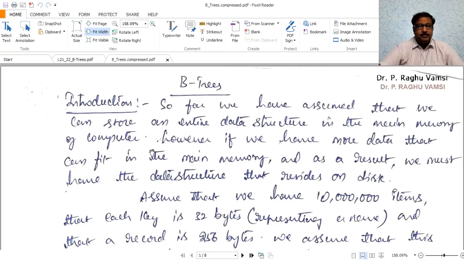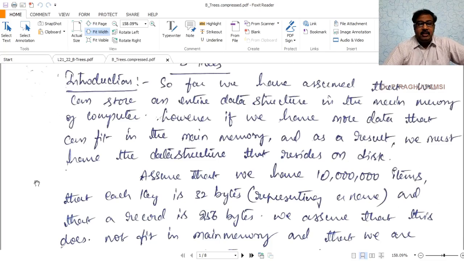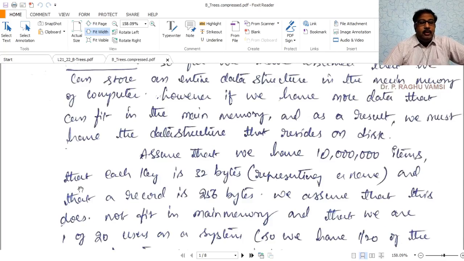That is the reason, if there are many keys, assume that we have 10 million items, and each key is 32 bytes. So every key that you are going to store is 32 bytes.